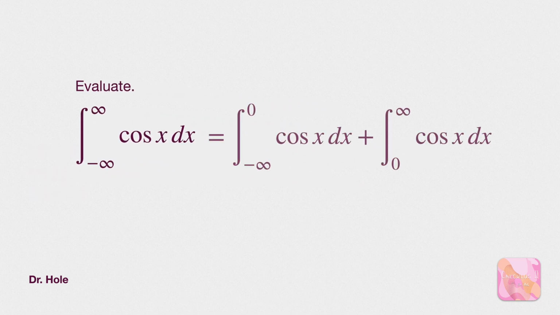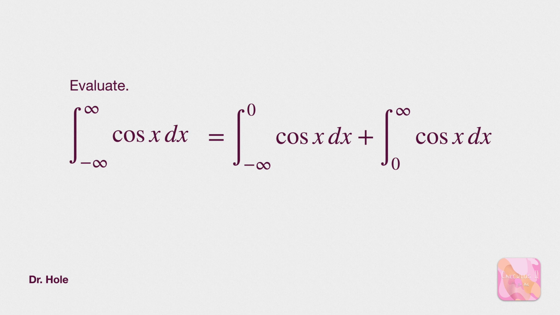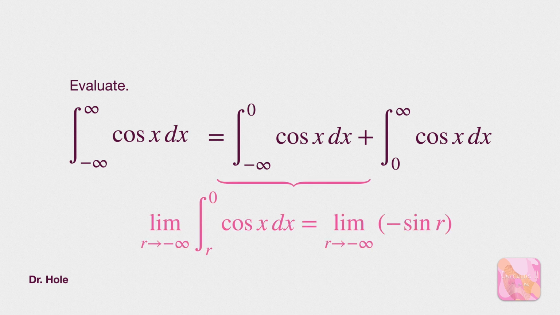Let's break up this improper integral into a sum of improper integrals. And let's look at one of the improper integrals and notice again that by definition we choose 0 to be the breakup point. All right, so let's choose the negative inputs and see what type of area is produced.